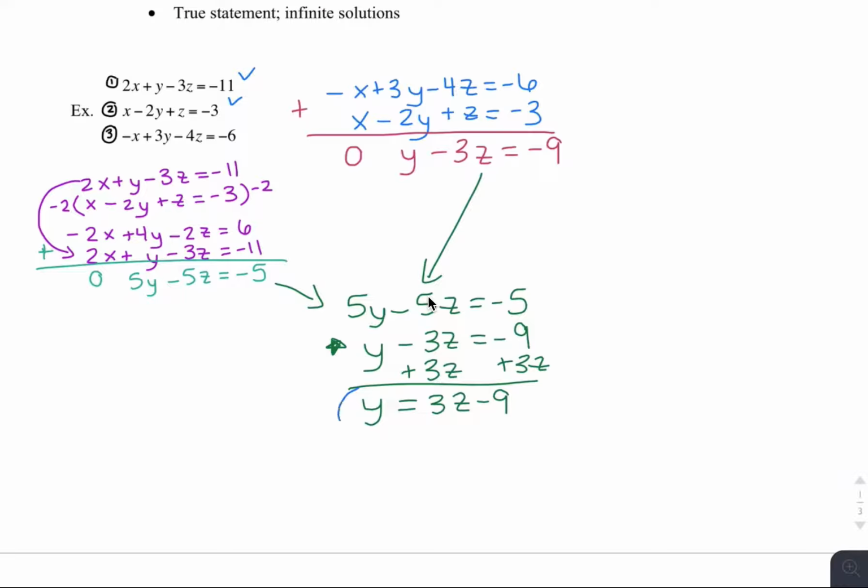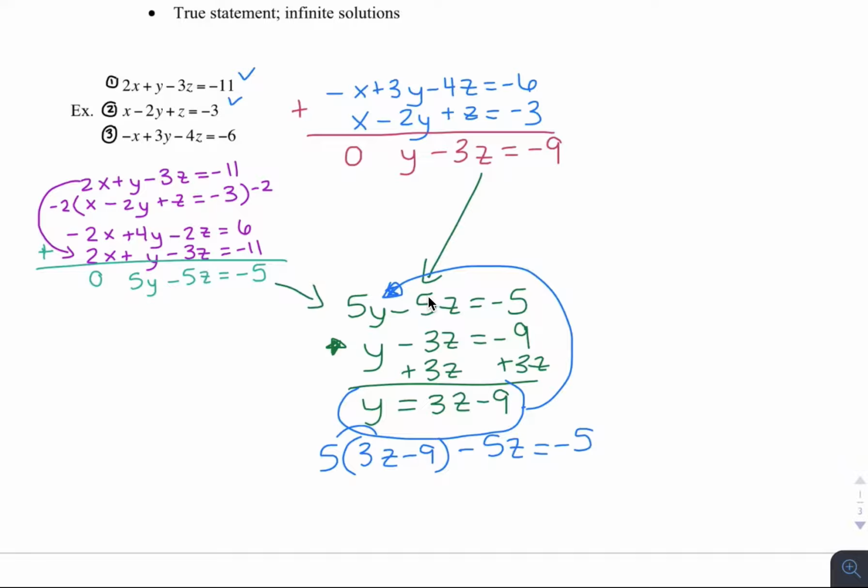I can then take this y equals 3z minus 9 and plug it in to the y of this equation. So we're just taking these two green equations and acting as if we're just solving a system of two equations like we did in the past. So we have 5 in place of y, 3z minus 9, minus 5z equals a negative 5.